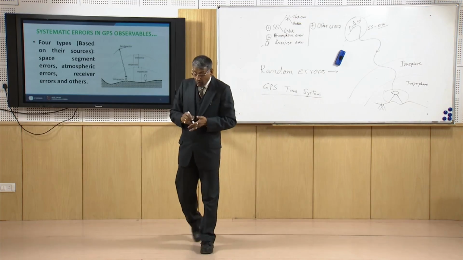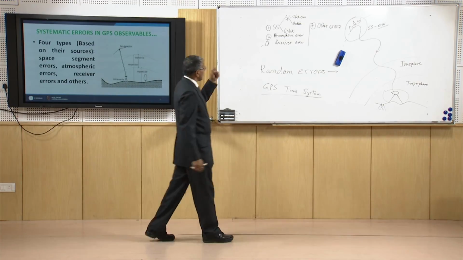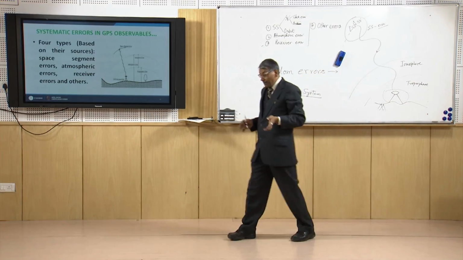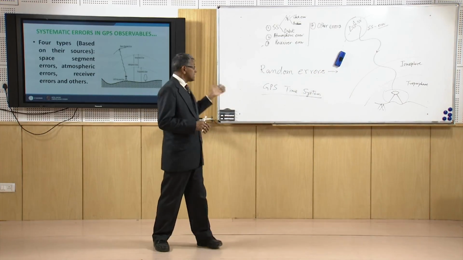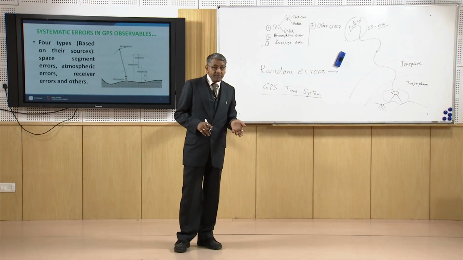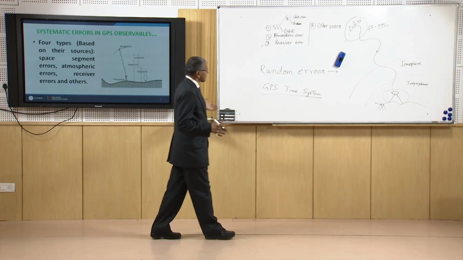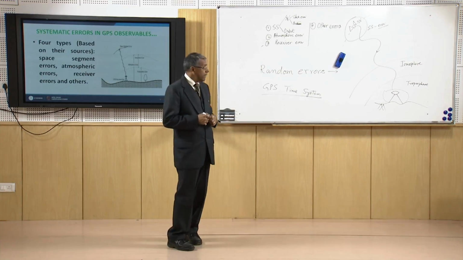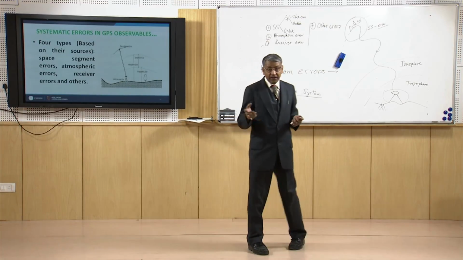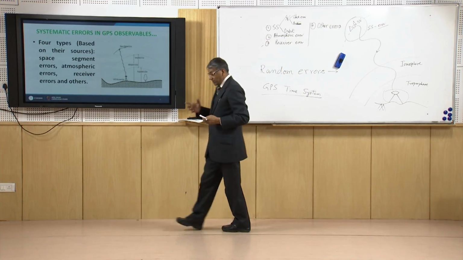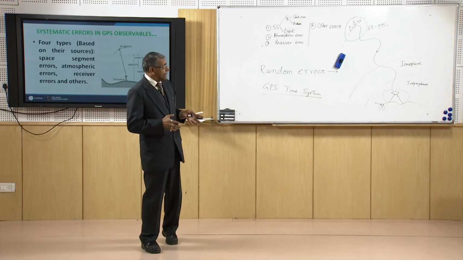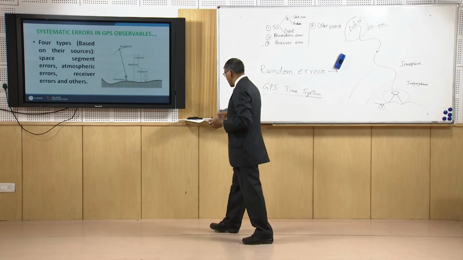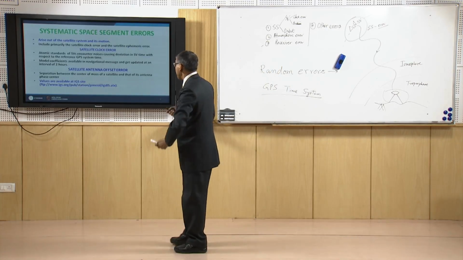Now the clocks available in the satellite vehicles may not be perfectly synchronized with the GPS time system. So there will be error in satellite clock, and for that error we get information that is modeled through some functional relation, and the parameters of those functions are available in the GPS navigational data.